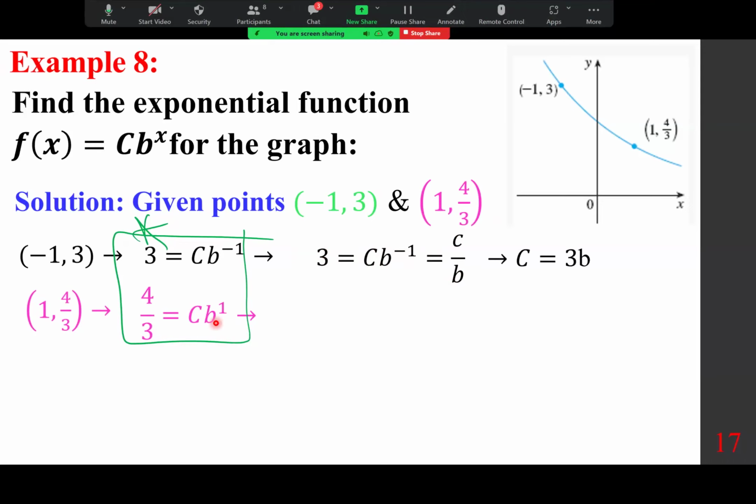Over here, 4/3 is c times b to the power of 1 means cb. And we're going to replace the c with 3b. So 4/3 is cb. C is replaced with 3b, so this is 3b squared.